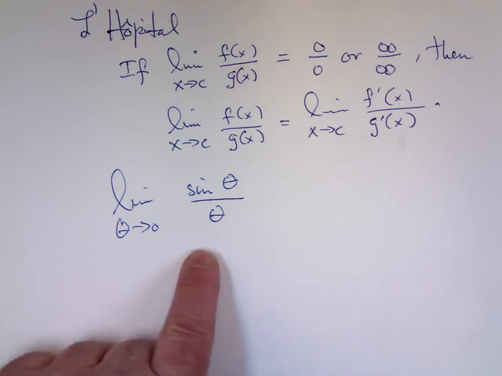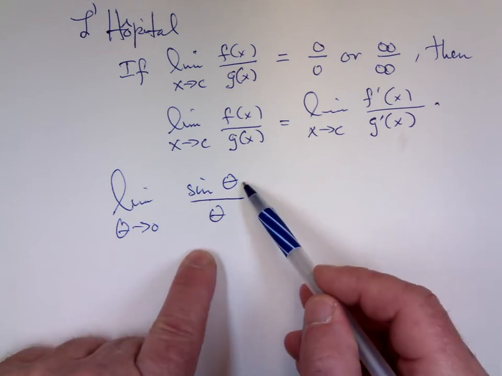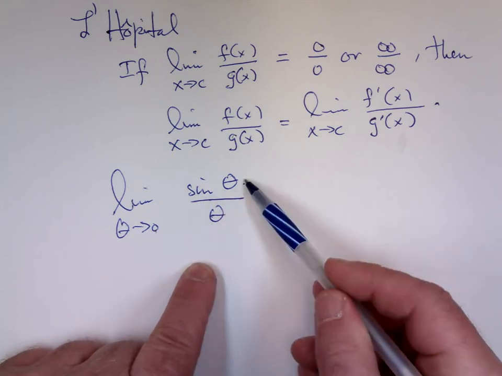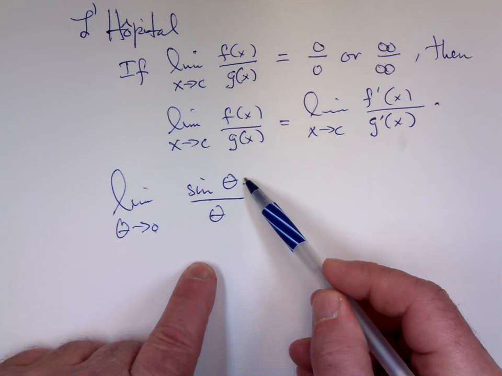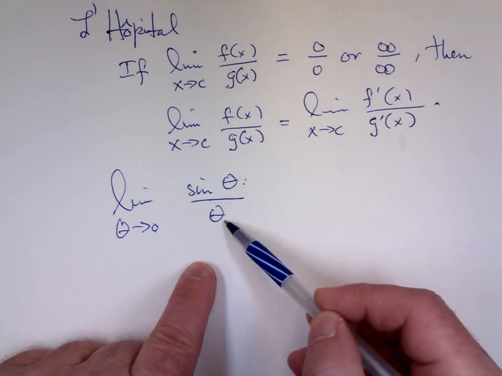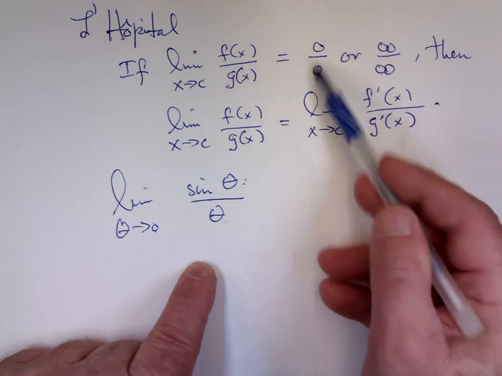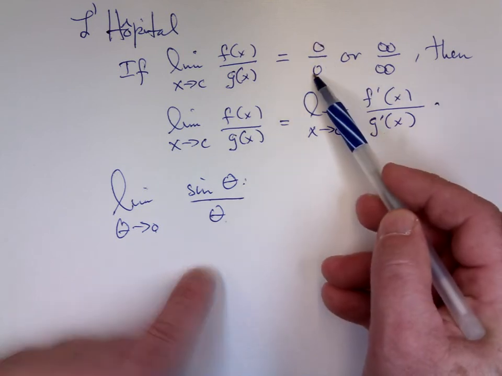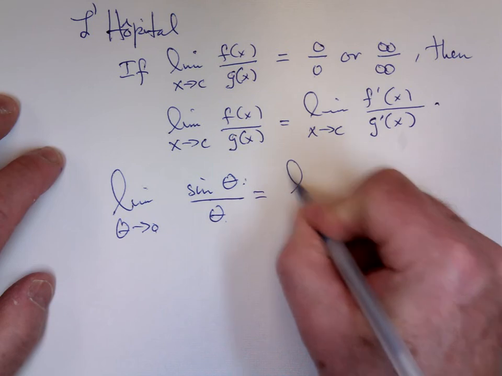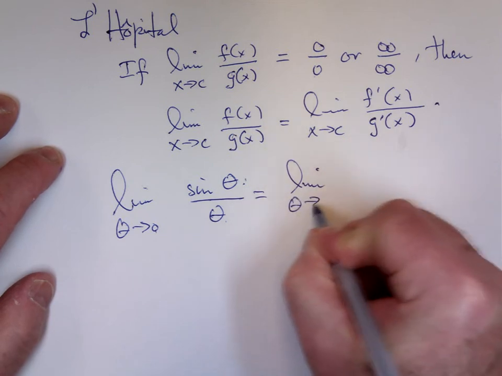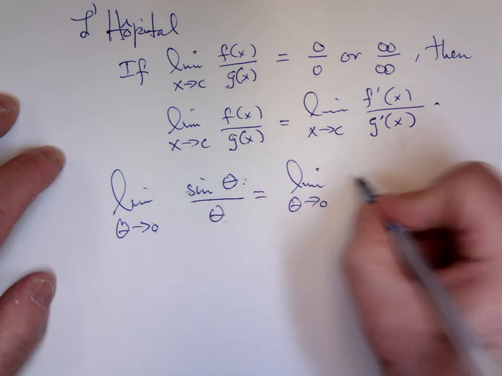As theta goes to 0, what happens to the sine of theta? It goes to 0. The denominator is going to 0. We have a 0 over 0 indeterminate form. Therefore, we can use L'Hopital's and take the derivative of the numerator over the derivative of the denominator. And now let's see what happens.